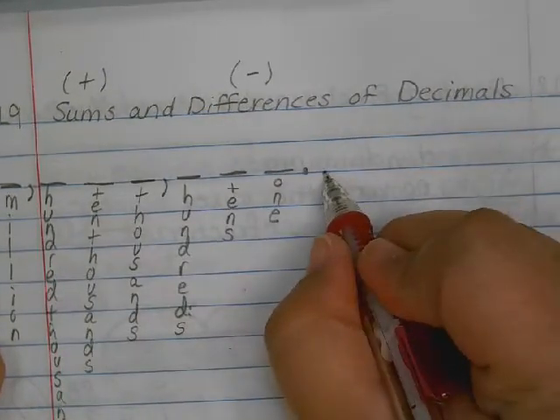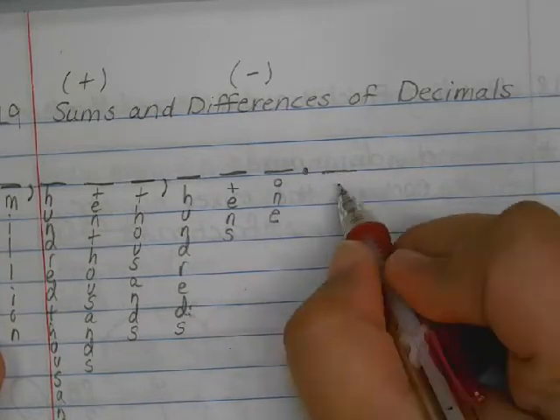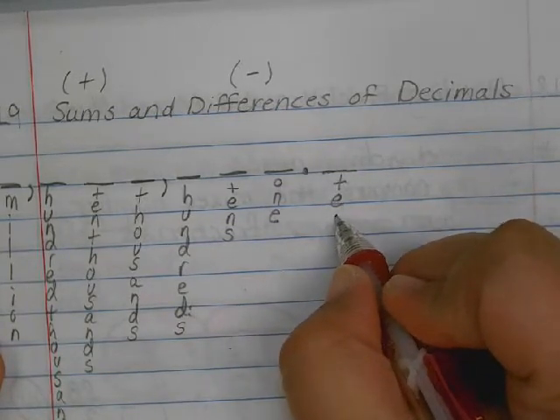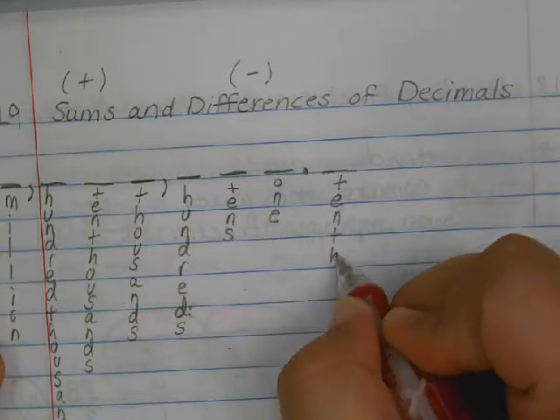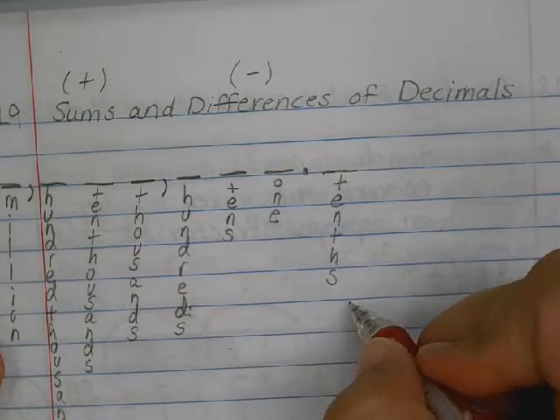And then after the decimal, that first place after the decimal is tenths, with that THS on the end.